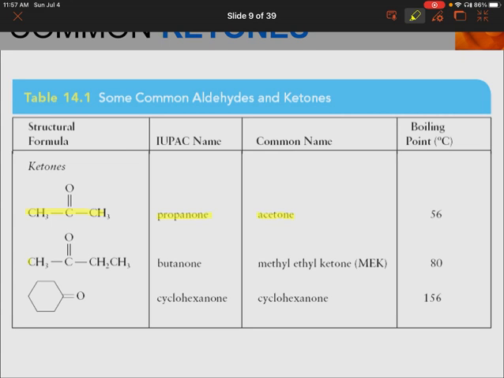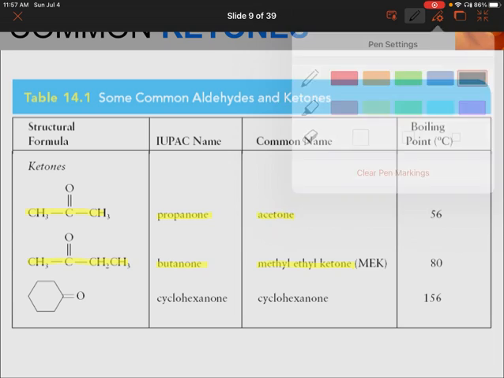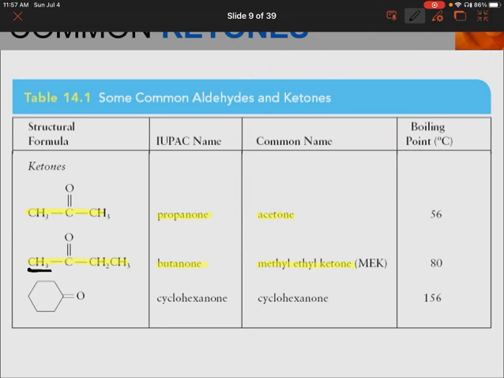Now there's also a 4-carbon chain ketone, which we could call butanone using the IUPAC system, but the common name is methyl ethyl ketone. That's kind of similar to how we would name ethers, right? You've got a methyl group on one side, an ethyl group on the other, and then your ketone. And then finally we have cyclohexanone, which is the same using either method.